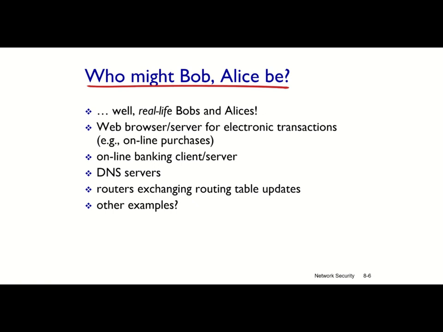They can be online banking client and server, or DNS servers, or routers exchanging routing table updates, or any other two parties who have a communication through which they want to send sensitive information, and a third party, in this case Trudy, may come and intercept or delete their messages or add something to their messages.